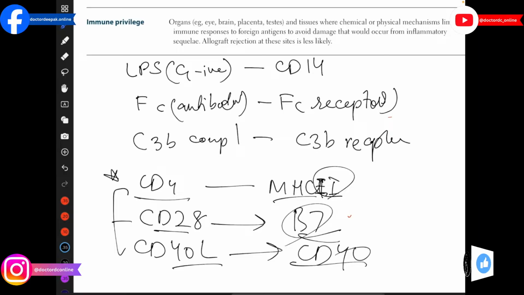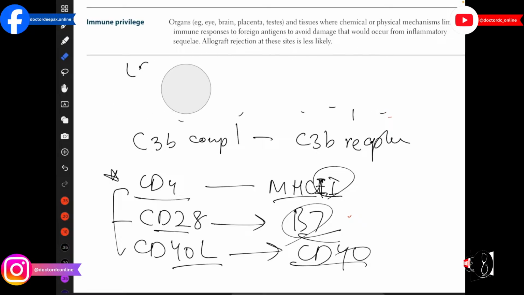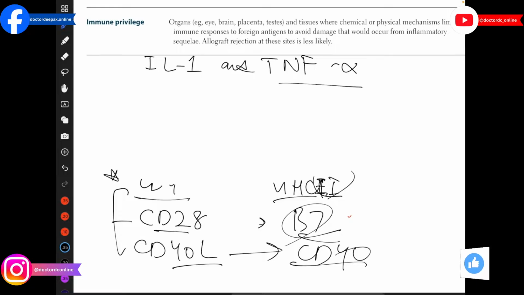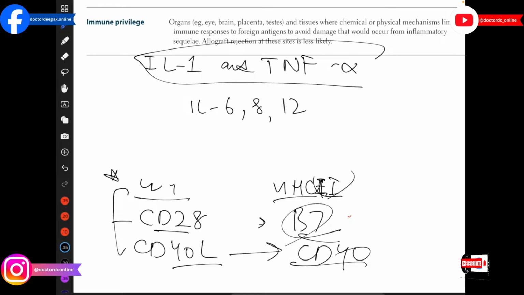And guys, the key cytokines produced by macrophages are interleukin 1 and tumor necrosis factor alpha. These are the key cytokines of macrophages, and others are interleukin 6, 8 and 12.